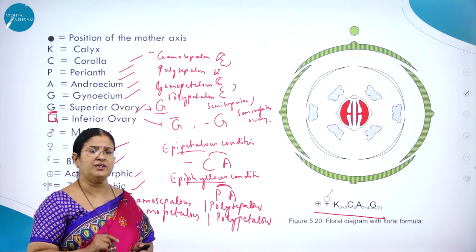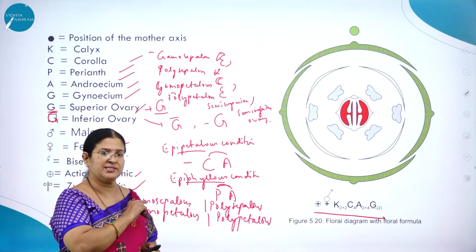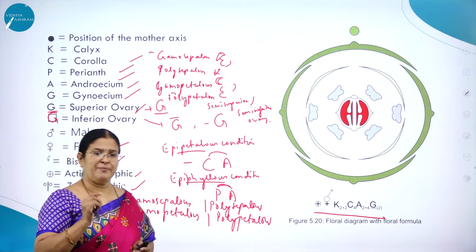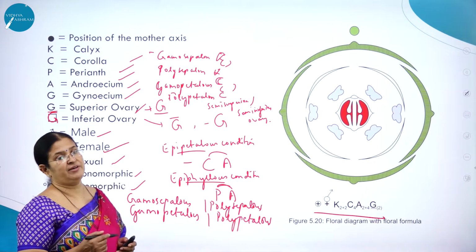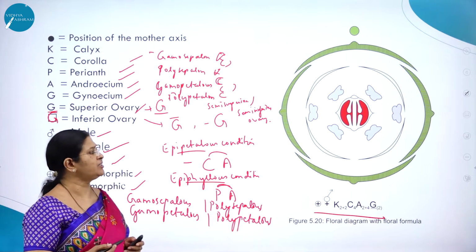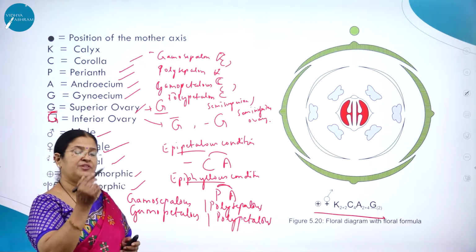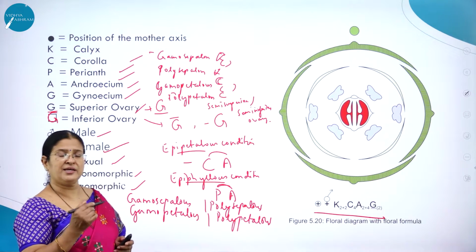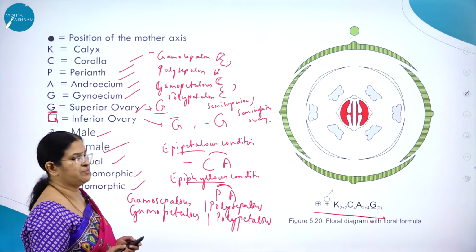So any one of the plants belonging to these three families, the classical examples I am going to give, will be kept for your identification. You need to identify, either they will ask for writing the floral formula, the floral diagram, or they might ask to write the characteristic features of that particular family and with suitable examples. So this is very important from examination point of view.